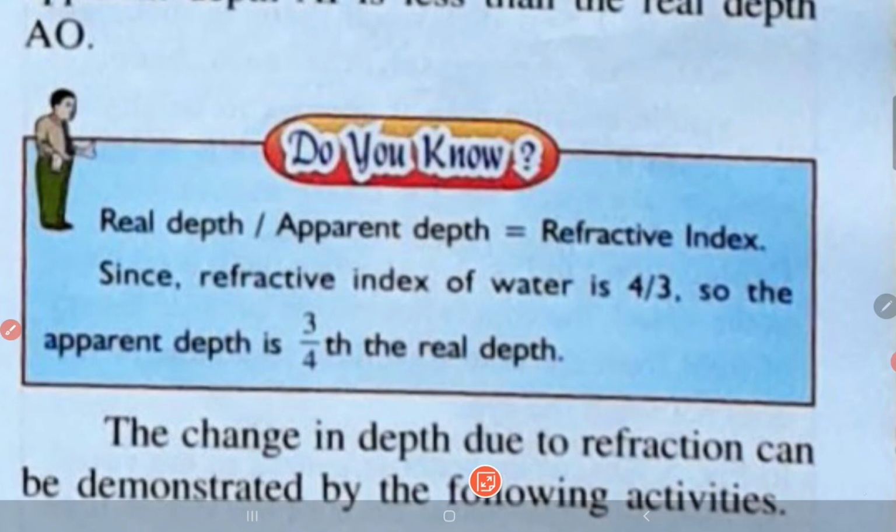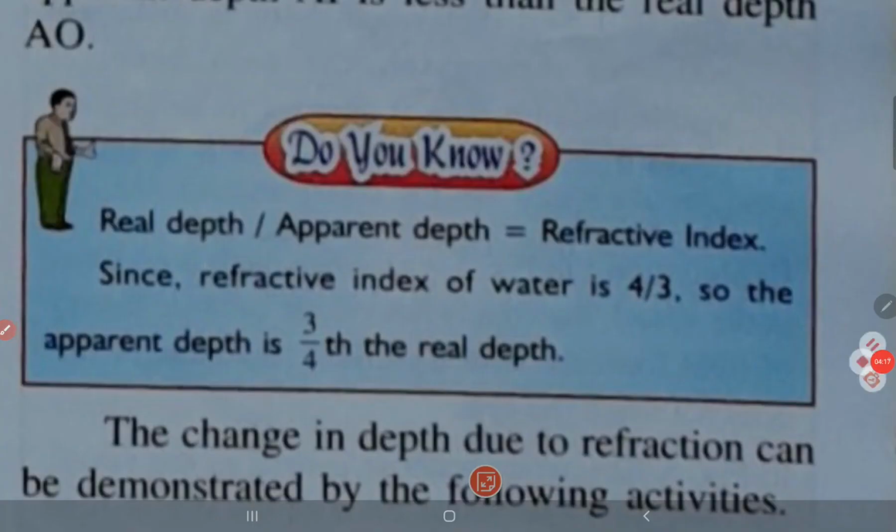So now going to the next topic. Here you can see the bending of a pencil at the surface of separation. Here this is the surface of separation, and here you can see the bending of the pencil also. This is all because of the refraction of light.